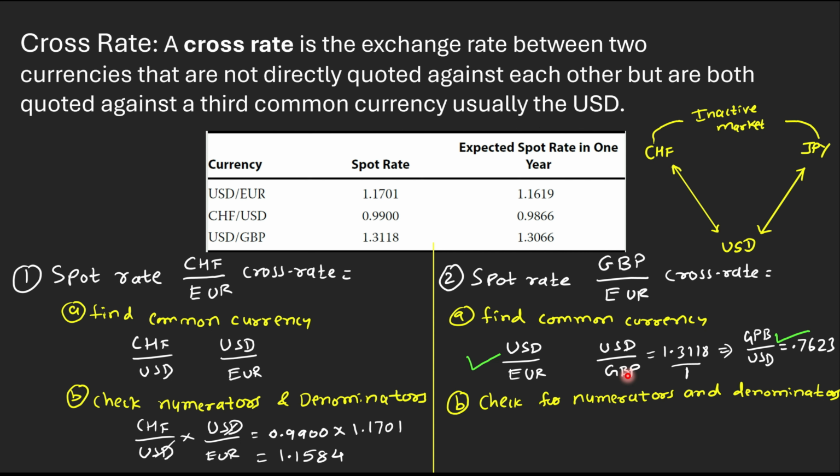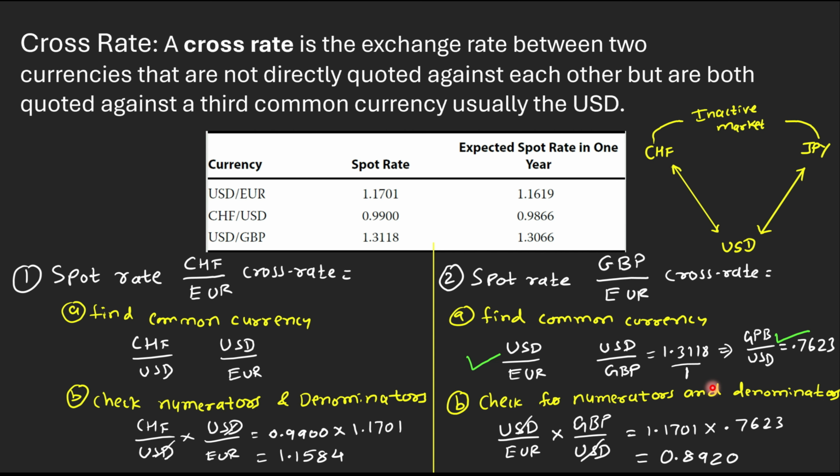So we flip it, and then we can calculate GBP over USD, which is 0.7623. Then we need EUR in the denominator. It's already given as USD over EUR, so we are good there. Then we can just cross multiply, and we get 0.8920.